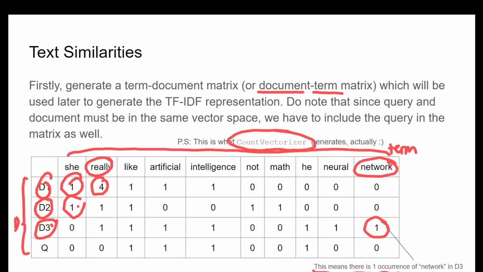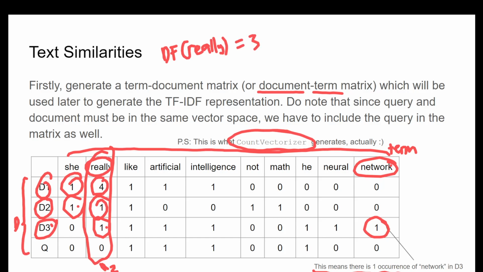So in order to determine the DF, you can basically count how many cells in this specific column are not zero. And in this case, we got three. So the document frequency of "really" is three.